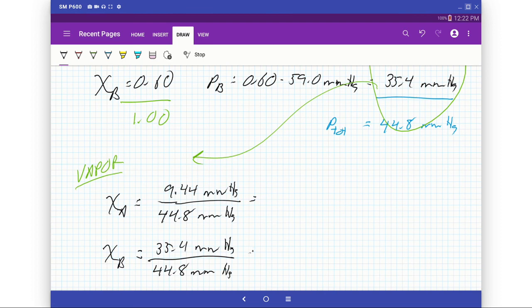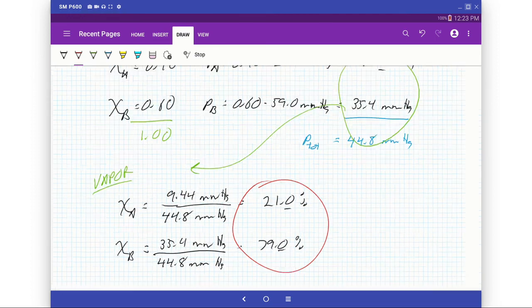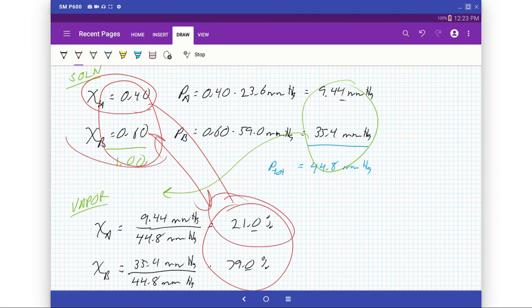And you get 21.0% and 79.0%. Those are the mole fractions in the vapor phase. And they are different than what we started with. If we compare solution phase and vapor phase, the mole fraction of A has gone down and the mole fraction of B has gone up.